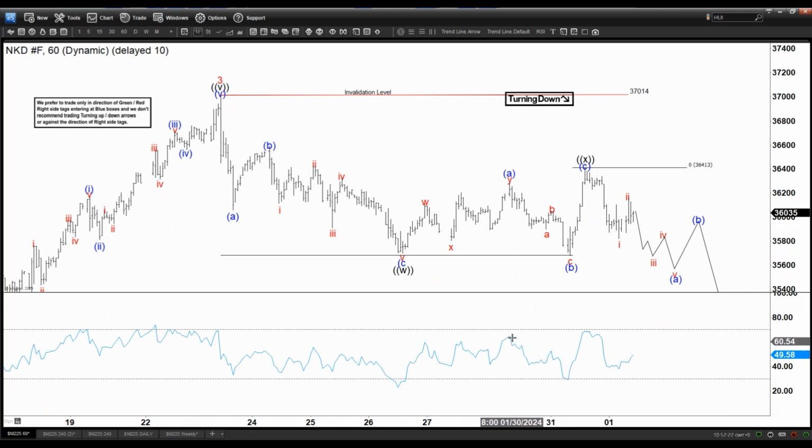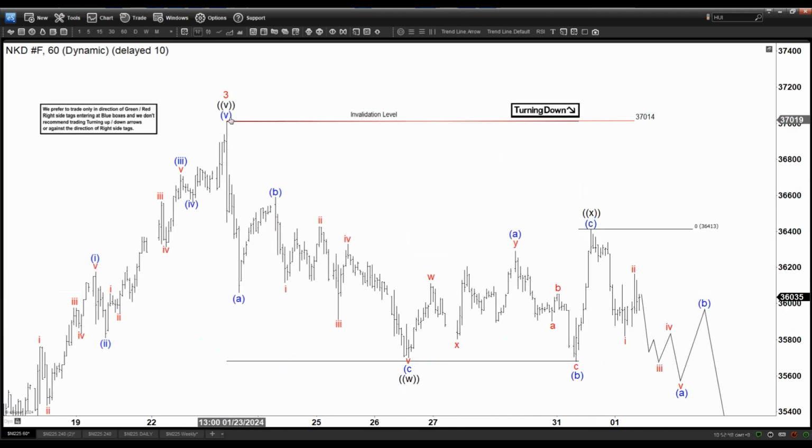If you look at the RSI over here, I cannot label this 1, 2, 3 and then the 4 is like this, right? If this were a price chart, I wouldn't be labeling it like that. So it doesn't look to me like a 1, 2, 3, 4, 5, and I think this entire structure ended here.